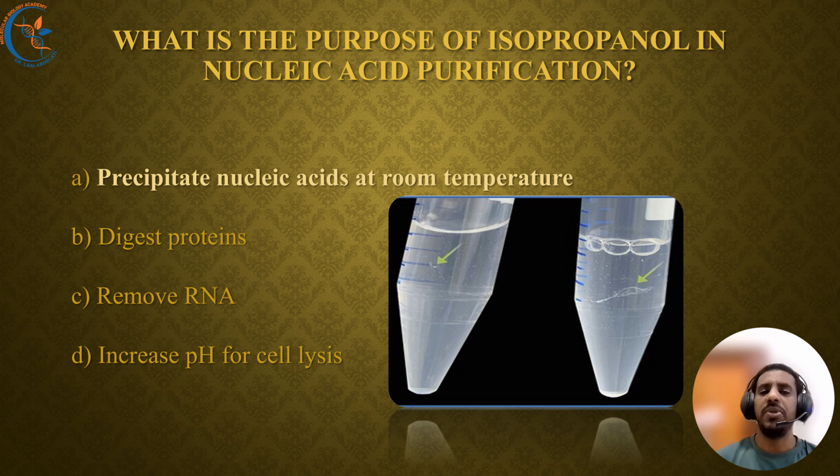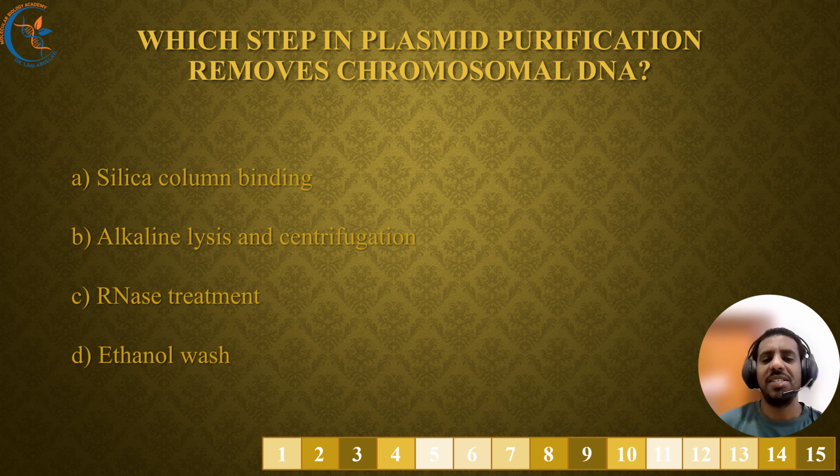Actually, when isopropanol is added to the DNA or RNA solution, it disrupts the hydration shell surrounding the nucleic acid molecules. This disruption causes the nucleic acid to aggregate and form a precipitate, as we see in the image here, which can be easily pelleted through centrifugation. All right, let's move on. Okay, the next question here. Which step in plasmid purification removes chromosomal DNA?